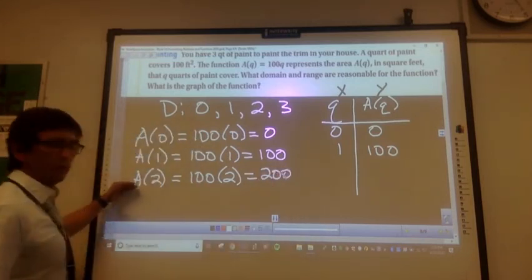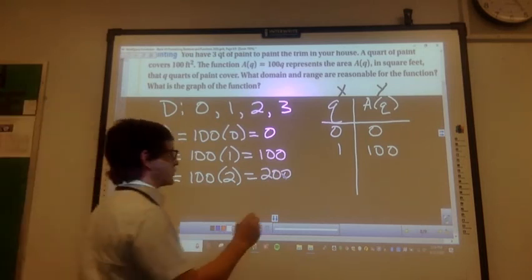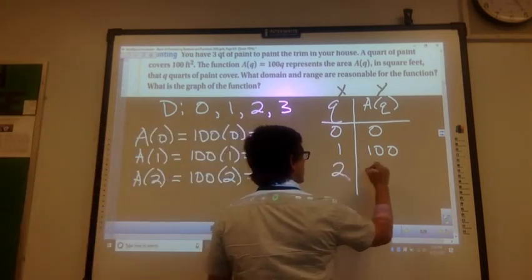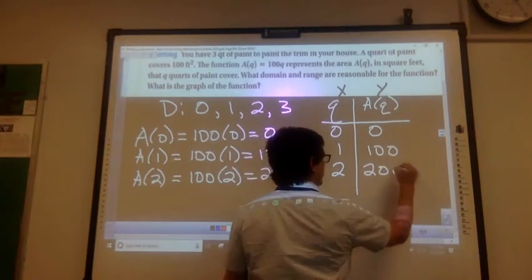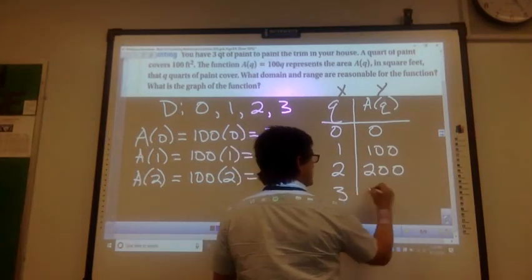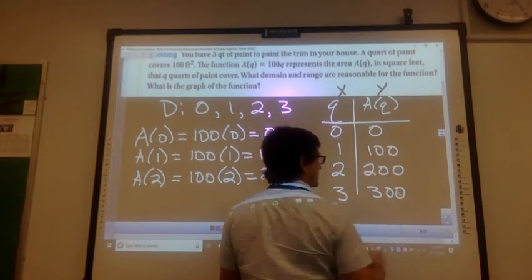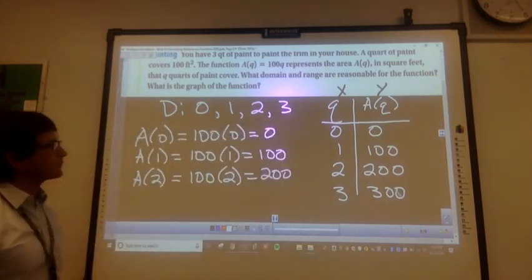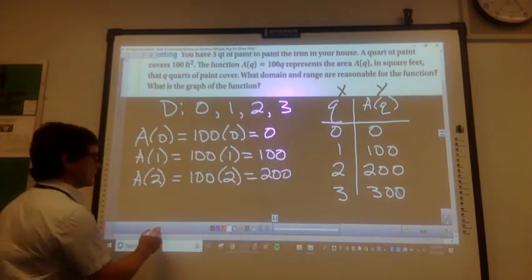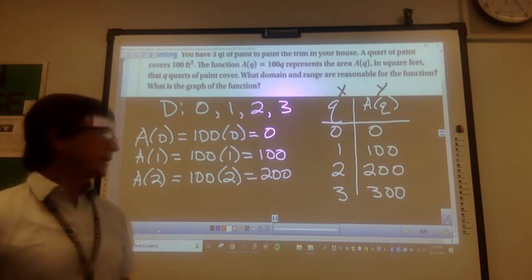I'm not going to do the 3 because clearly it's 300. So 2 gives you 200 square feet covered. 3 gives you 300 square feet covered. Again, you can always pause the video if you get behind.